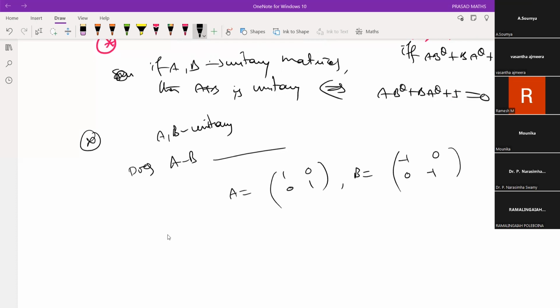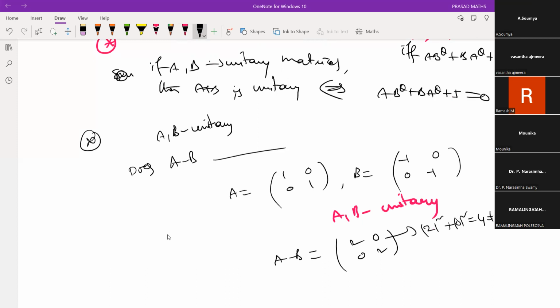Clearly, both are unitary matrices. But the difference is 2, 0, 0, 2. It fails to satisfy the first property: modulus of 2 squared plus 0 squared equals 4, which is not equal to 1. Hence, it is not unitary.